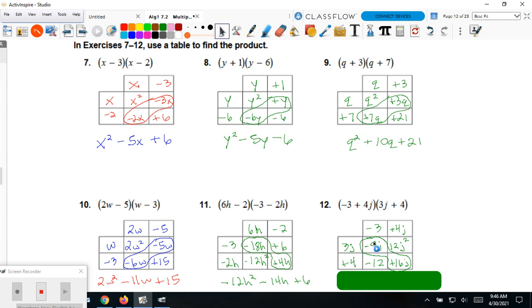The 4j and the 3j make a positive 12j squared in this box. Negative 3 and a positive 4 make a negative 12 in this box here. And then positive 4j times a positive 4 makes a positive 16j. Combine the j's together, which is really subtracting, because they're different signs. Take 9 away from 16. So that's going to give you a 7j in the middle. So your 12j squared from this box, your positive 7j from combining the like terms, and the negative 12 from this box. And that's our answer.